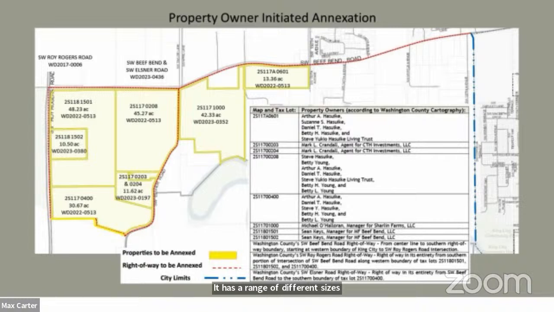Starting with a pocket park, it's a quarter acre per 1,000. A neighborhood park is 1.5 acres per 1,000. A community park is 3 acres per 1,000. A linear park was 1.25 acres per 1,000. And the trail path was a quarter mile of trail path per 1,000 people. The base was 4.2.